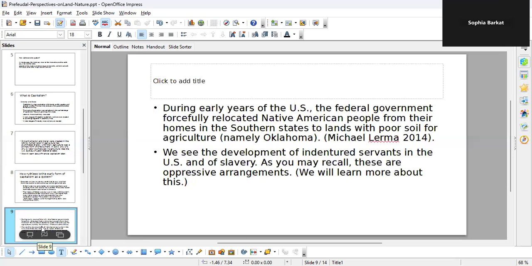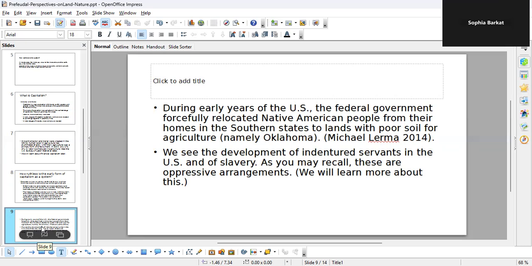right? So, in the early years of the US, the federal government actually became very involved in forceful relocation of Native American people from their lands in the southern states. And essentially, they were made to move to areas with poorer soil as far as agriculture, namely to Oklahoma.